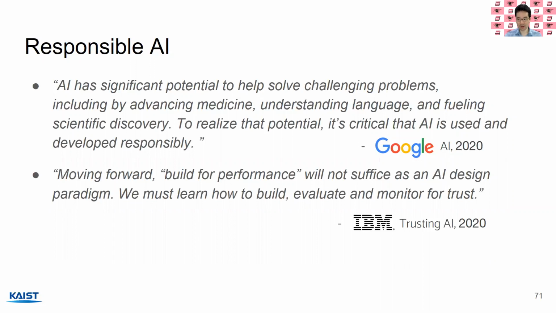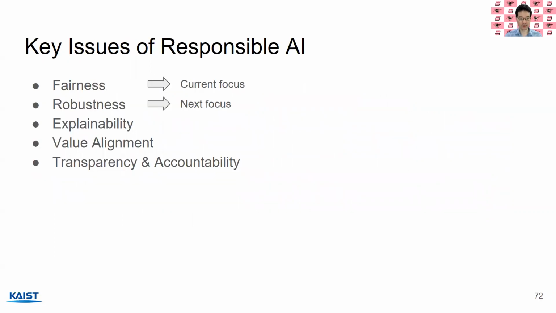To summarize the quotes by Google and IBM, Google says that AI has a significant potential to help solve challenging problems, but it's important that it's developed responsibly. IBM says that performance is important, but we also need to build, evaluate, and monitor for trust. So what are the key issues of responsible AI?